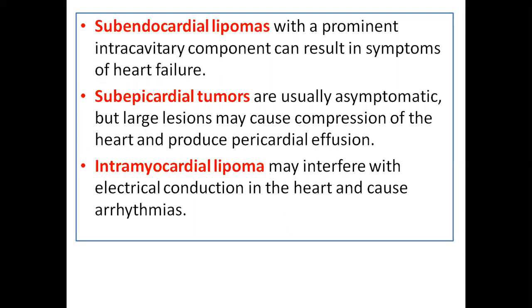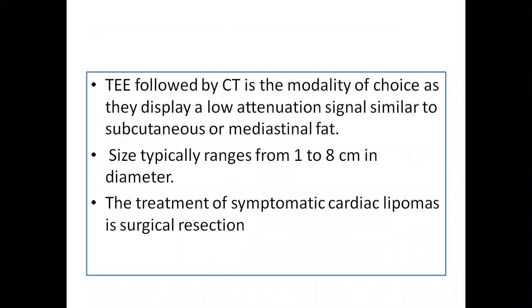Whereas the subepicardial tumor is usually asymptomatic, a large lesion may compromise the heart and produce pericardial effusion. It can go to tamponade. Intramyocardial lipoma can cause rhythm or electrical conduction abnormality and arrhythmia.